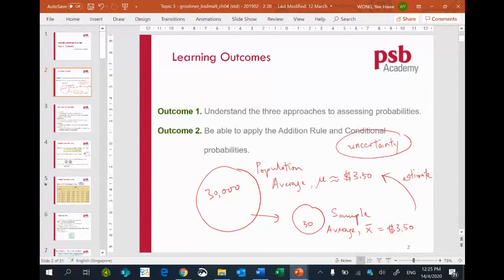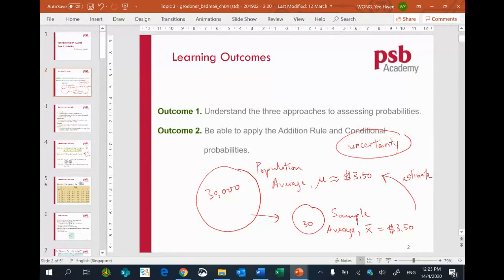So remember, whenever you make an estimation like this, you cannot be 100% sure. There will be some uncertainty, so you need to tie in the probability here. What is the probability that the average for the population is $3.50? Maybe you say, okay, 90%. That's how you use the probability.